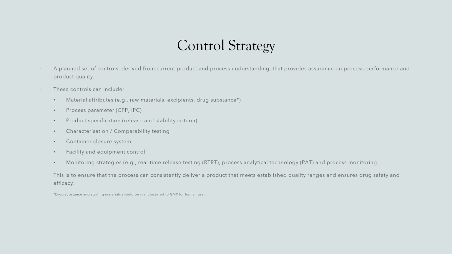So you need to understand the impact of variability in the specification of your raw materials and starting materials on the final drug product itself. And this is what control strategy is all about. We talk about your raw materials, starting materials, intermediates, and drug substance. All of these things have to be controlled for.